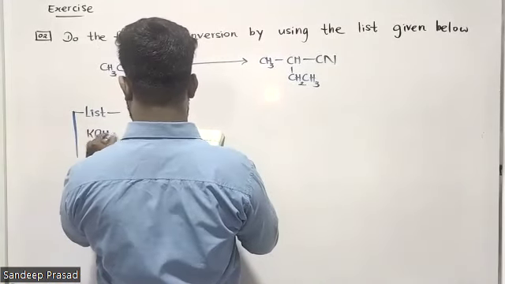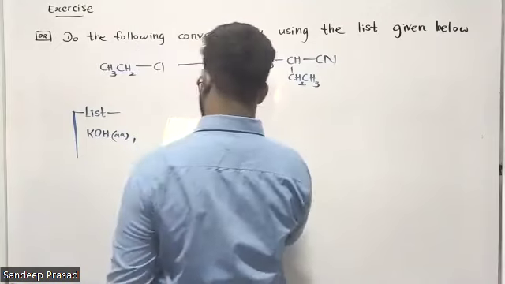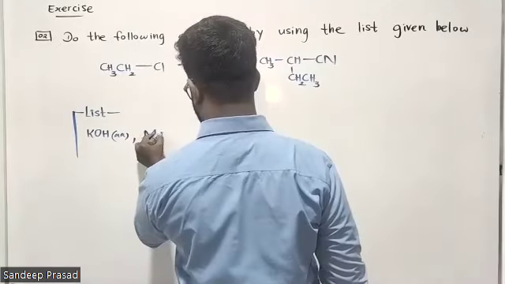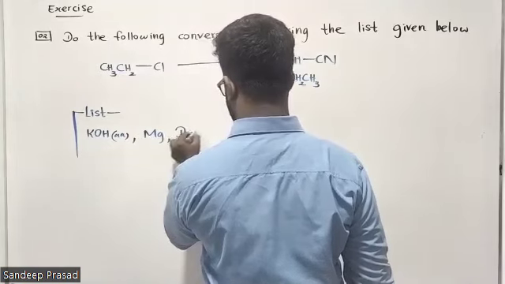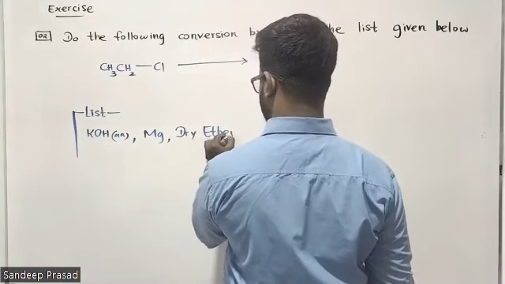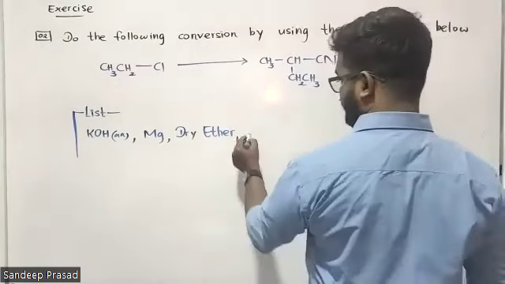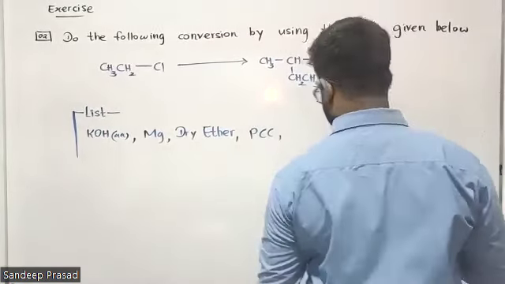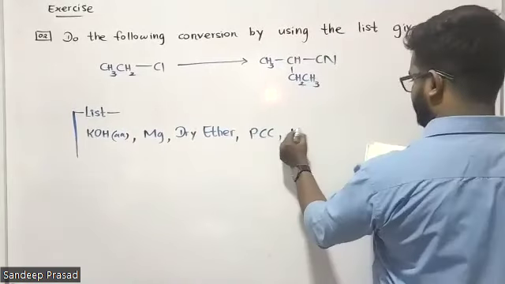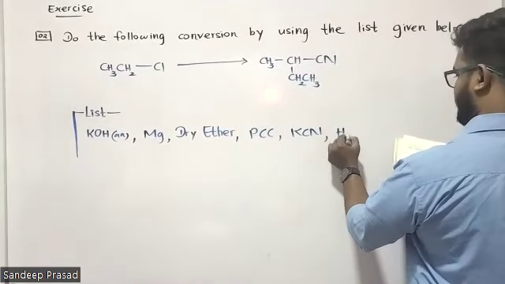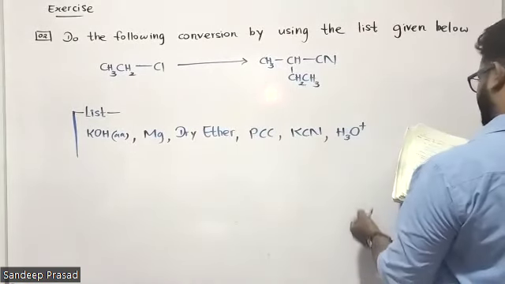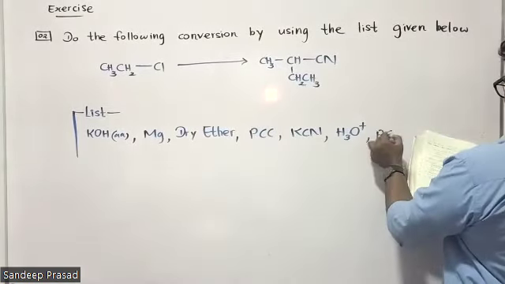I'm giving you here aqueous potassium hydroxide, magnesium, dry ether, PCC, KCN, H3O plus, PCl5. This is the list I have given to you.